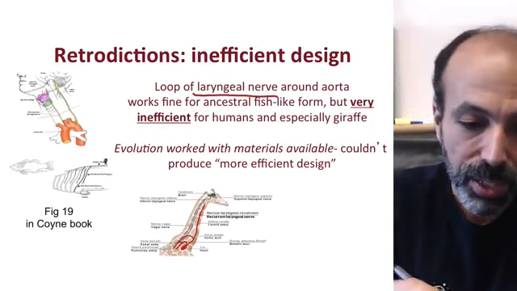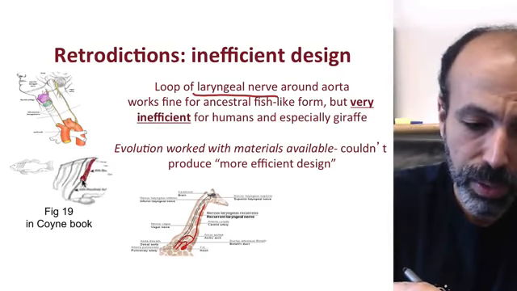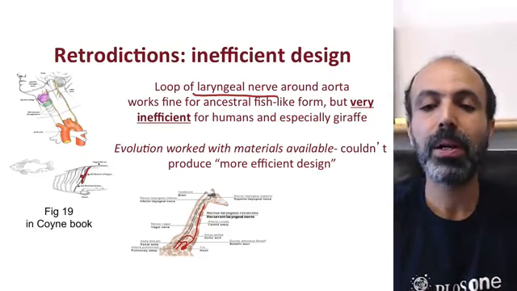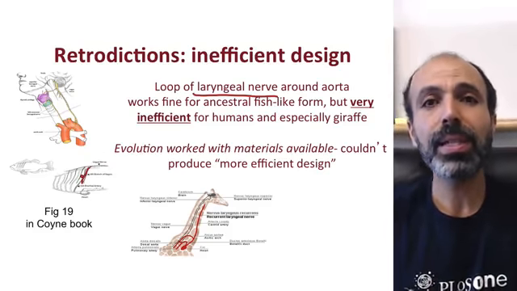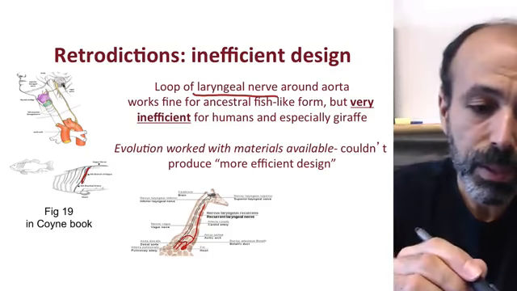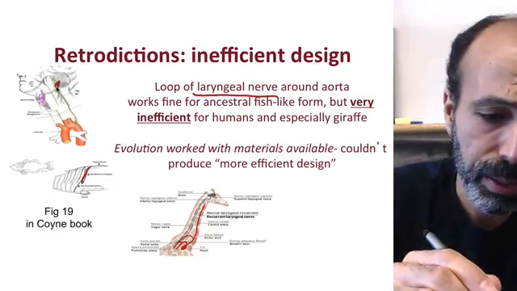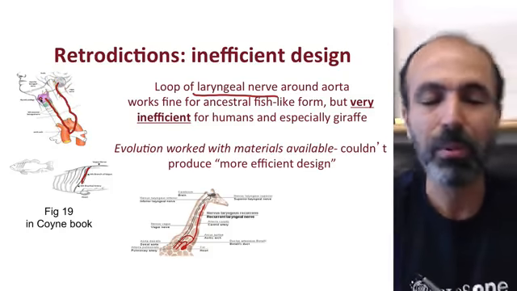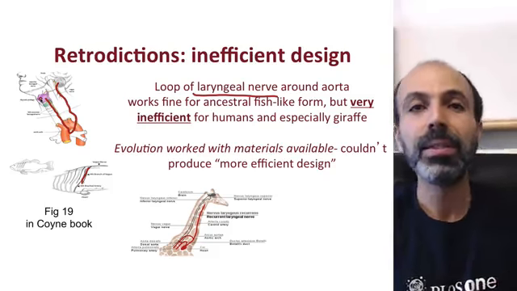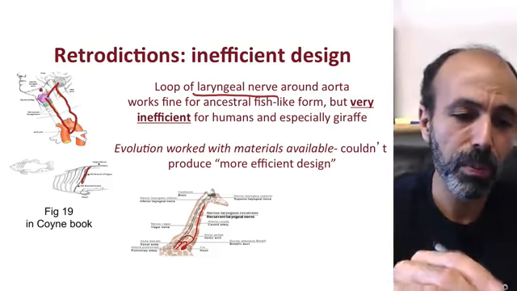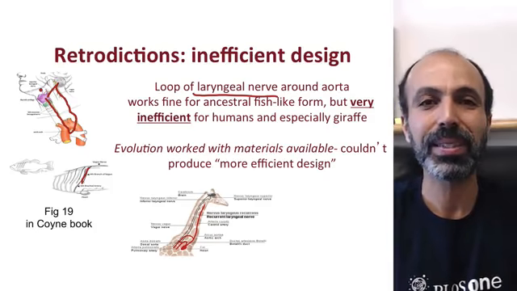In fish, this branch off the vagus nerve has a pretty short little transit down to the gills. No problem at all. What's a little bit less efficient is when you look at humans or other mammals. So here's this laryngeal nerve loop. Comes down, loops under the aorta, and then comes all the way back up to the larynx. So that's not very efficient. That's a long way for this to transit when it could just go boop, just connecting right across like that.